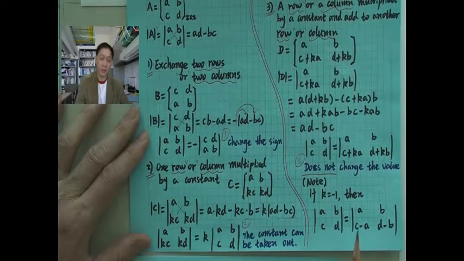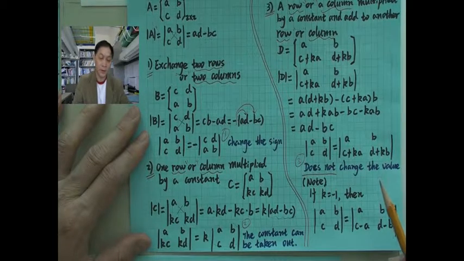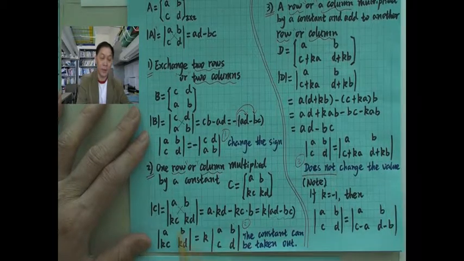That's a good technique. If you take the common factor K out, C D will be smaller than previously, K times C, K times D. That's the purpose: make those numbers smaller than before, so it's easy to operate. Again, here I did it on the row. You may do it on the column.